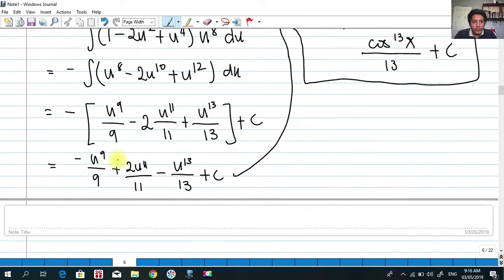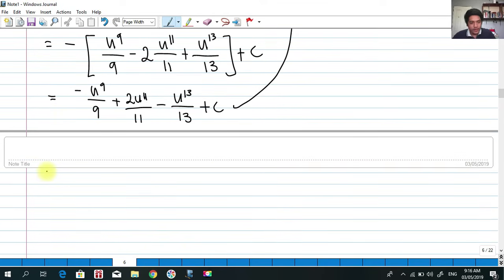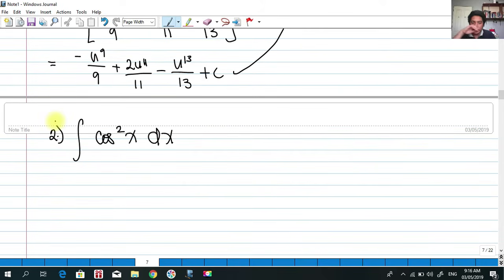So for our number 2, we have to evaluate the integral of cosine squared x dx. Okay? So in this integral, we have to use the identity, okay?